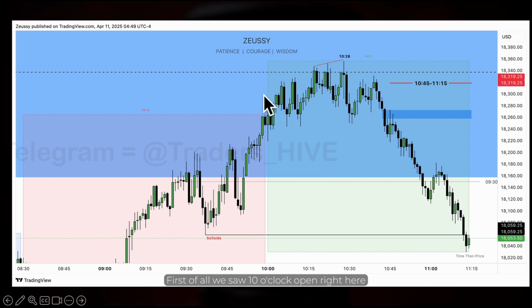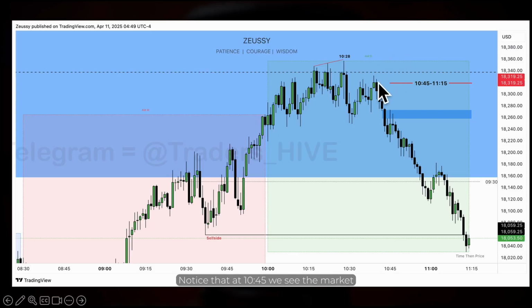First of all, we saw 10 o'clock open right here and we saw it run up higher. This is manipulation which is taking place. Next, we have seen SMT unfold between Nasdaq and ES, and therefore that confirms to us, all right, we're likely going to see the market roll over soon. Now we're simply waiting for the 10:45 marker to anticipate the market beginning to expand towards the downside.